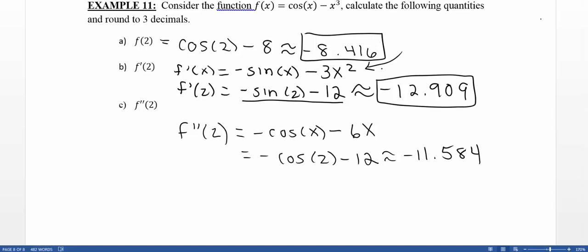And then finally, because the second derivative is negative, we know that the function is concave down at 2. So we have a negative value that's decreasing and concave down is what's happening at x equals 2. And all of that information we get by looking at the various values of the function, the first derivative, and the second derivative.